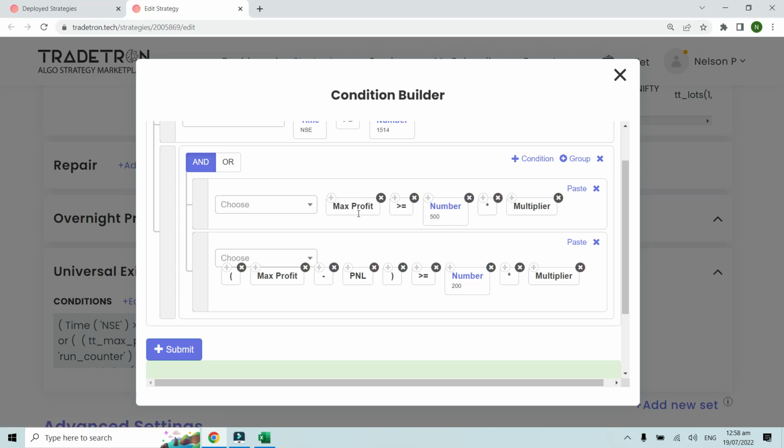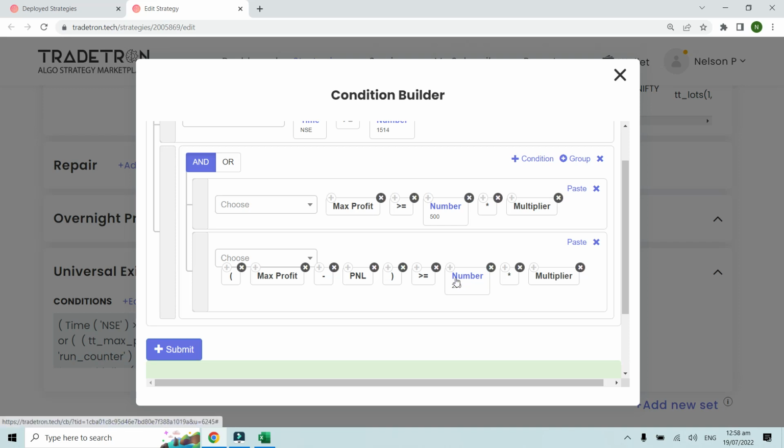All right. So in this example, we will see that whenever max profit reaches greater than or equal to 500, then whenever the max profit minus PNL is greater than or equal to 200, it will exit the strategy.